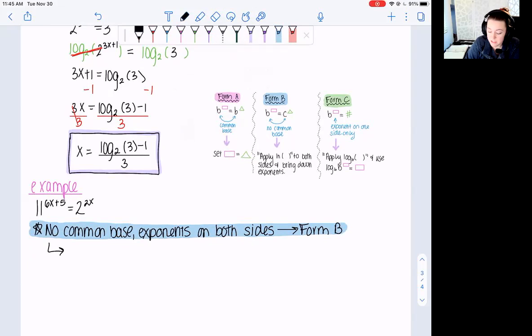With form B problems, we apply ln to both sides and we bring down the exponents, and then we solve for x.